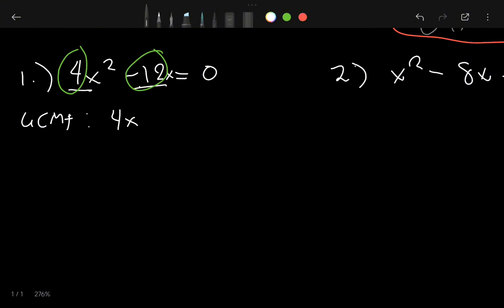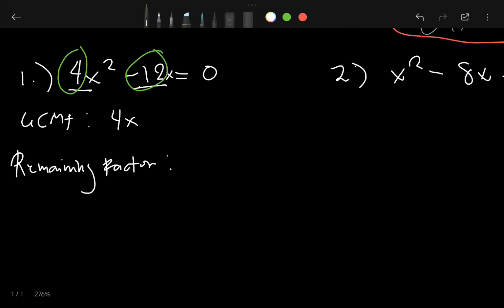Now, the next step that we need to find is the remaining factor after you have taken out the greatest common monomial factor. To do that, all you have to do is to divide your original equation by the GCF.